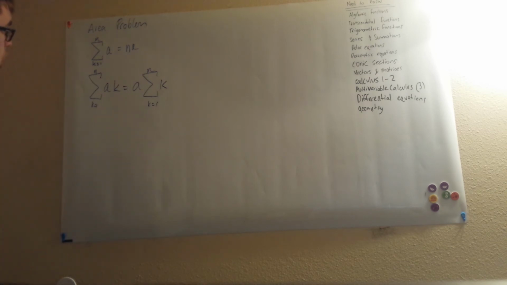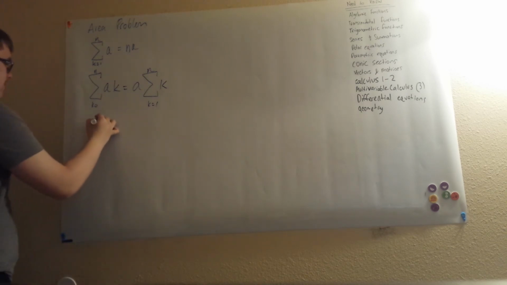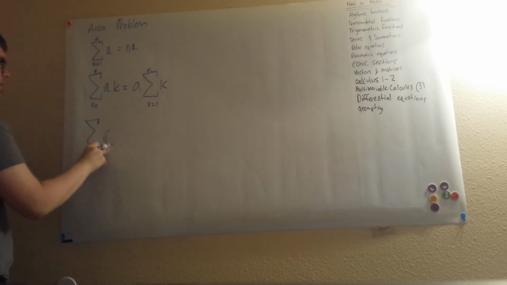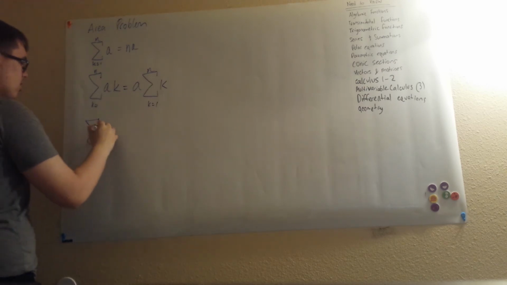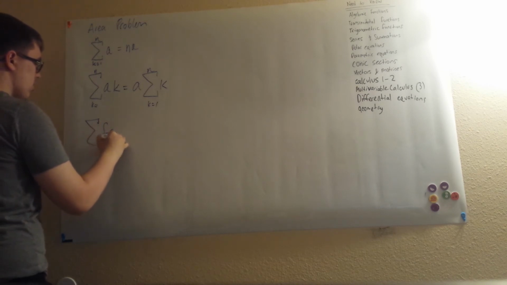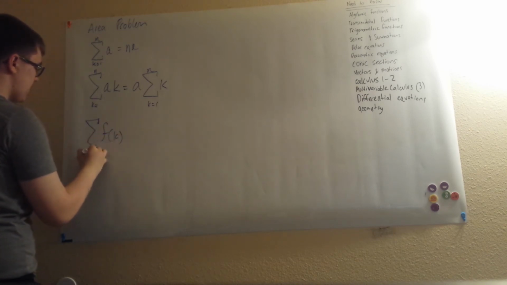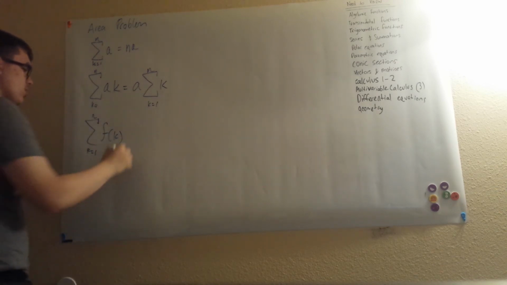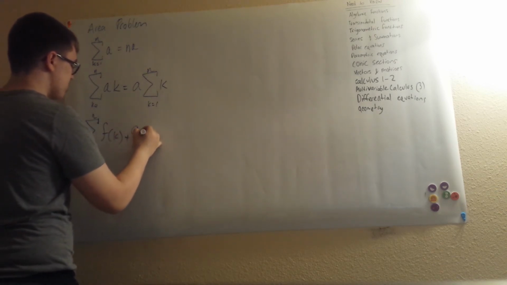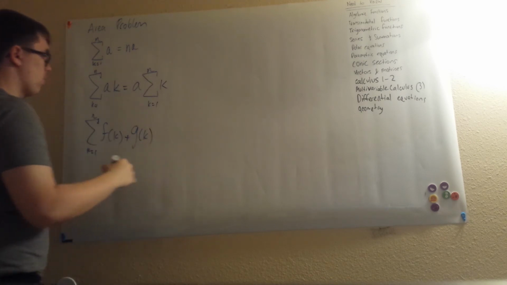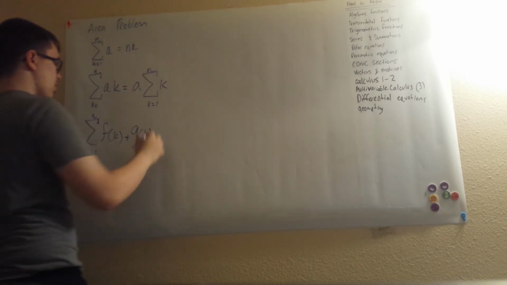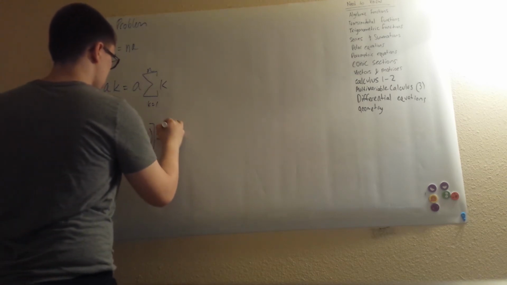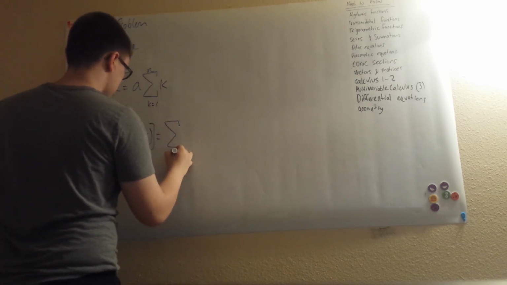If we have the summation of some function of k from k equals 1 to n, now, we don't have to have 1, but we sometimes do, plus some other function of k, or just k, we can separate these.